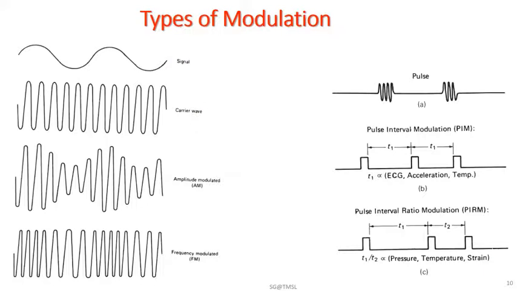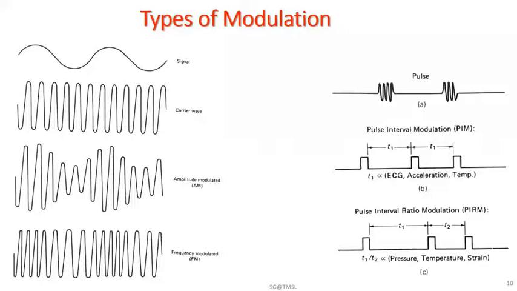Now there are two basic systems of modulation given here, that is amplitude modulation and frequency modulation. In amplitude modulation, this is the carrier signal, where the amplitude of the carrier is varied according to the information which is being transmitted.